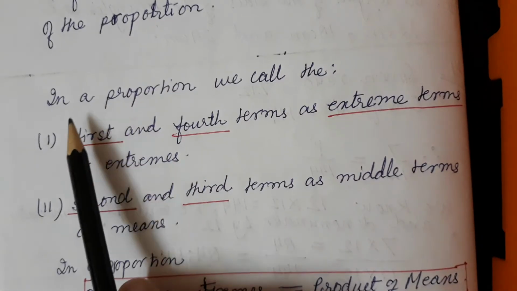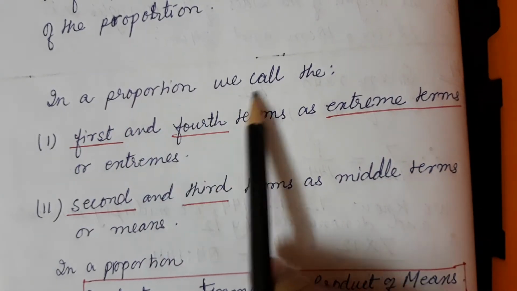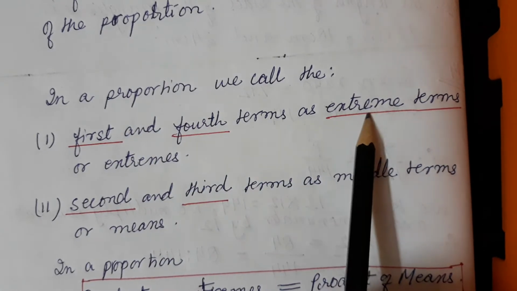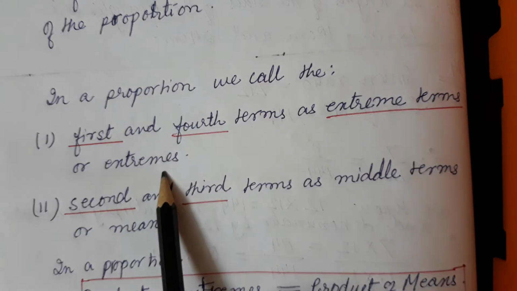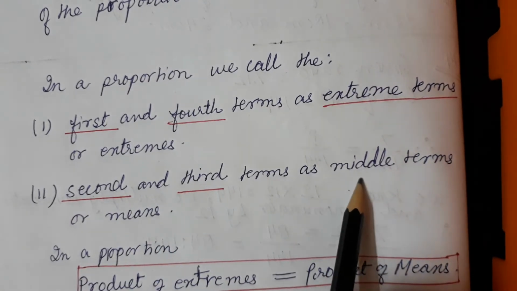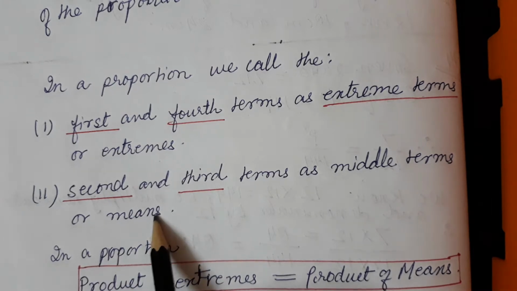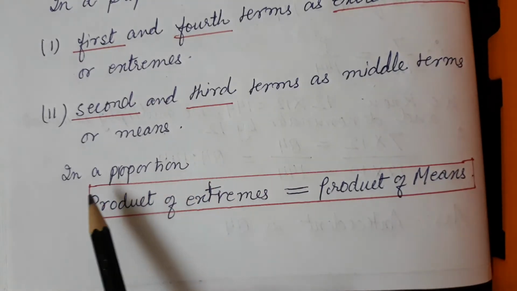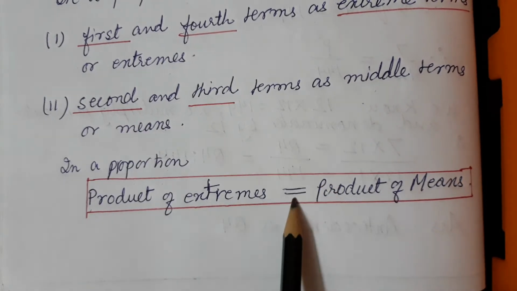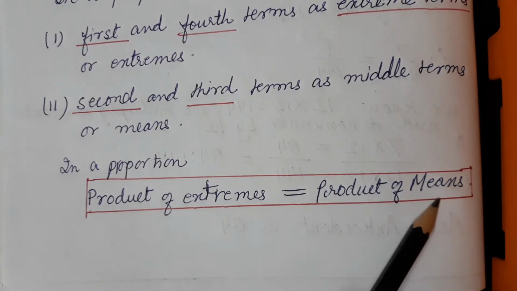One more thing, remember: in a proportion we call the first and fourth terms the extreme terms or extremes, and the second and third terms the middle terms or means. Therefore, in a proportion, the product of extremes is equal to the product of means.